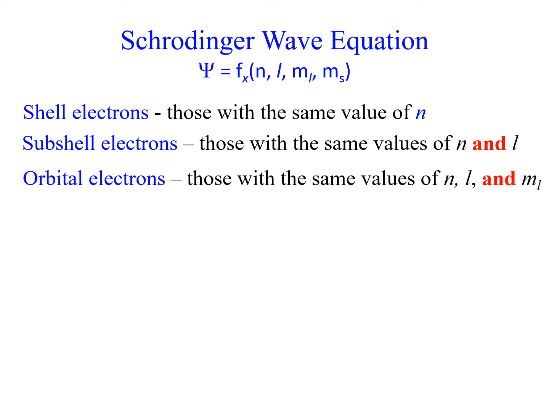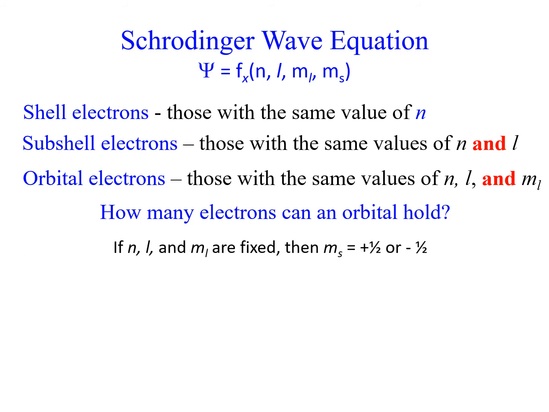Then you have orbital electrons. Those have the same value of n, l, and m sub l. How many electrons can an orbital hold? Only 2. And so if n, l, and m sub l are fixed, then m sub s, which is the fourth level, can either be plus 1/2 or minus 1/2. Again, this plus and this minus has no arithmetic value whatsoever.